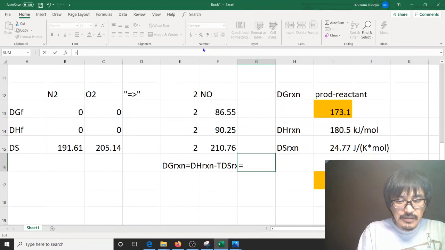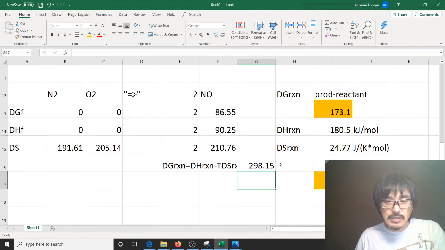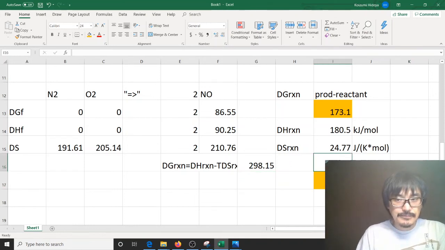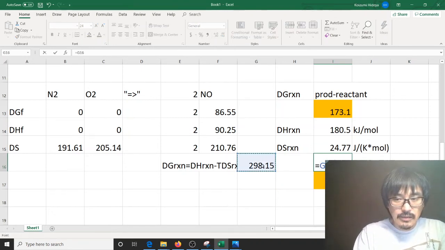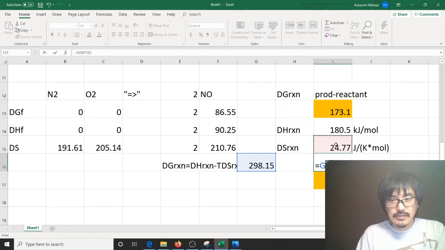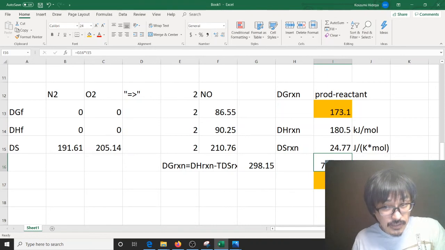So it's 25 plus 273.15. You get 298. That's my T. So T delta S. I get that, but that's in joule, right?